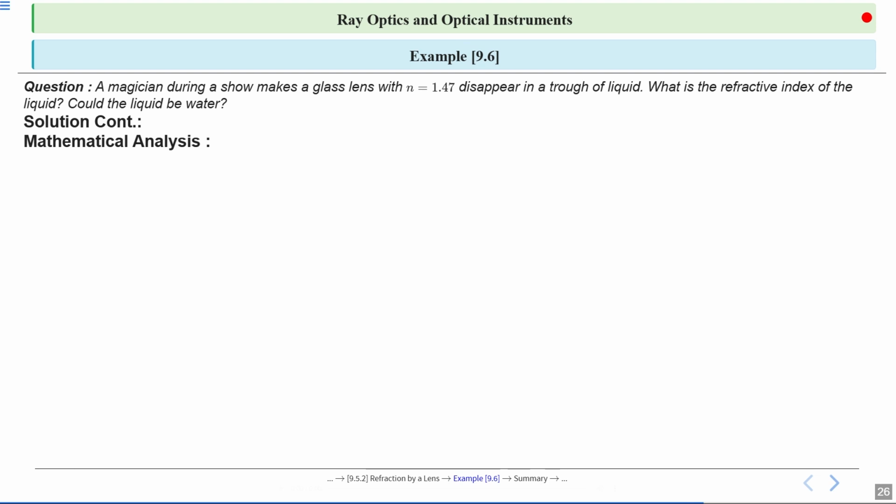So what is the mathematical analysis for this question from the lens maker's formula? 1 upon f equal to (n2 upon n1 minus 1) times (1 by r1 minus 1 by r2). Here n2 is glass and n1 is the refractive index of the liquid. The refractive index of both media should be equal, that means n glass should be equal to n liquid, so the ratio n glass upon n liquid will be 1.